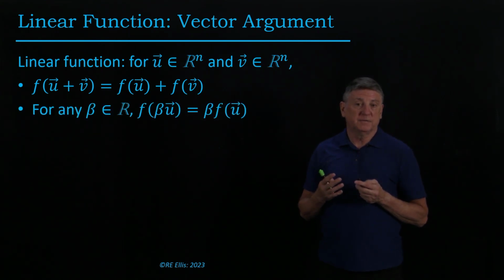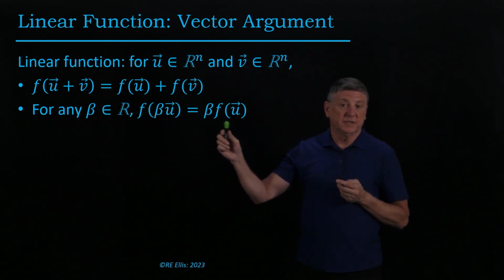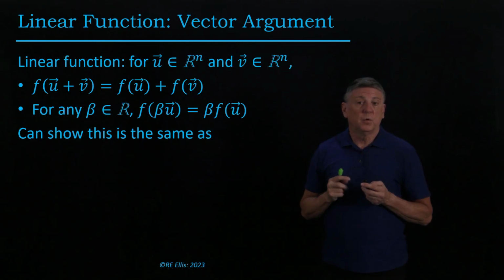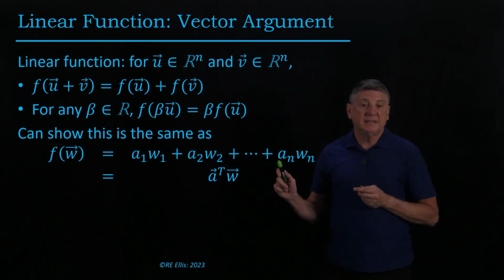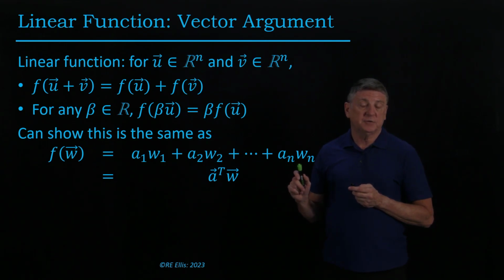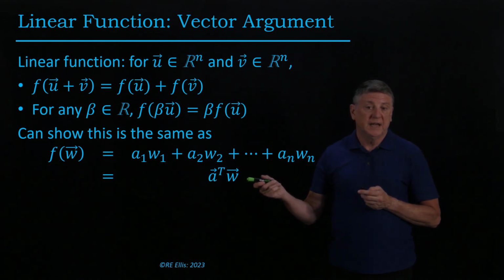And if we scale the vector, that has to be the same as scaling the result of the map. And what we can do is show this is the same as a linear combination of the entries of the argument w. So we could write it as a sum, or we could write this vectorially as A transpose times w.